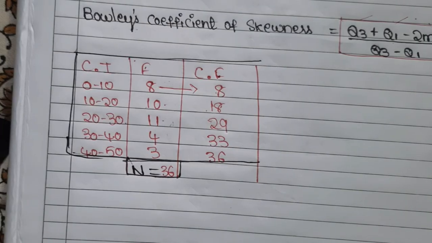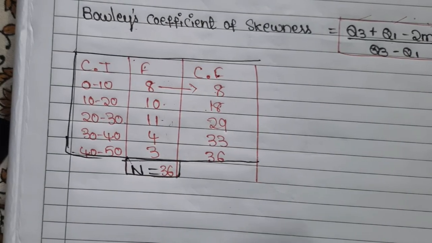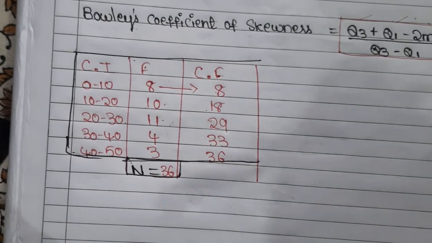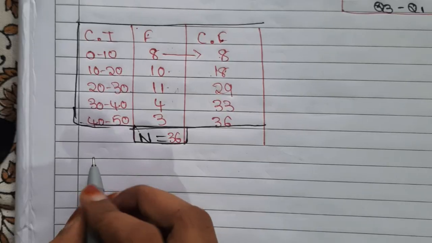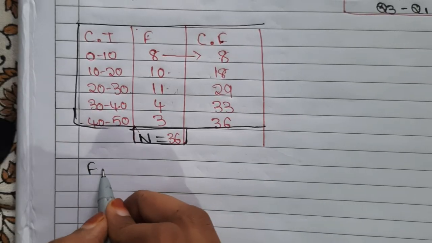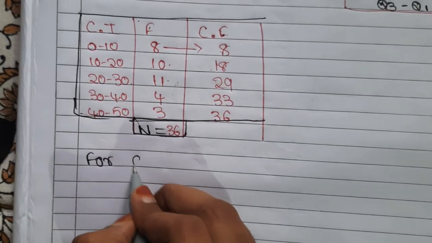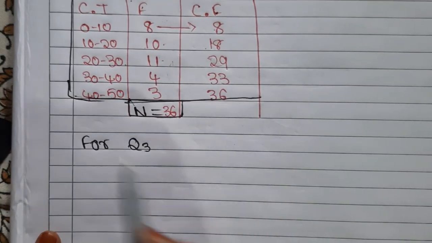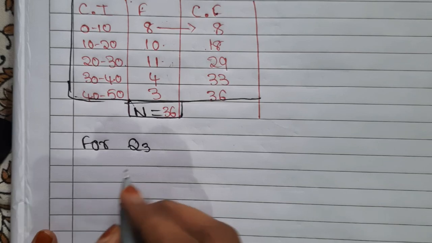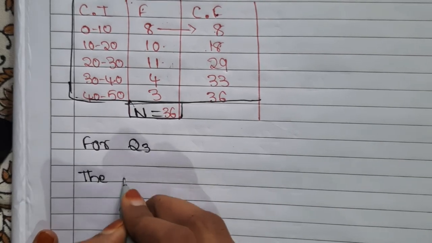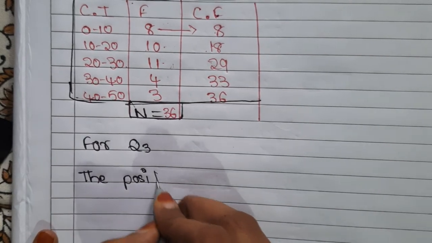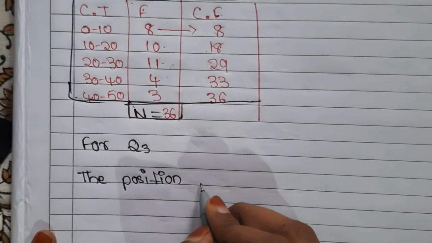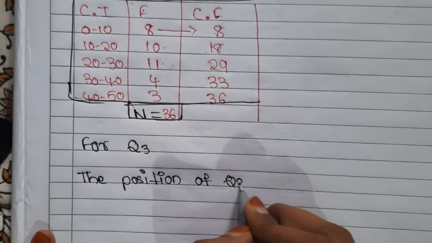After getting this, we need to find Q3, Q1 and median, as I said. So first we will go with Q3. Let us write like this. For Q3, clearly in your exam paper also, you have to write the position of Q3.